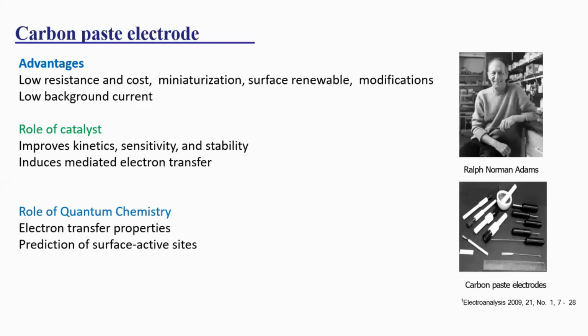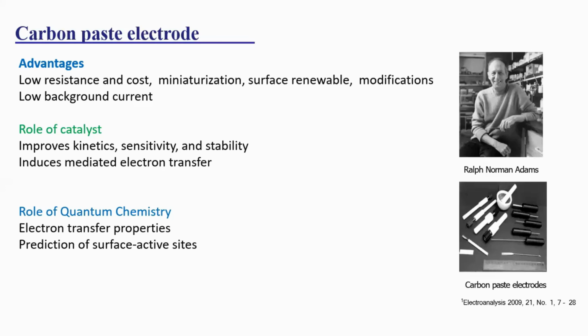Though it has so many advantages, it has some disadvantages. If you think about the electron transfer kinetics of carbon electrode systems compared to metallic electrodes, their electron transfer kinetics is quite low. How can we improve it? We can improve it by adding a catalyst.